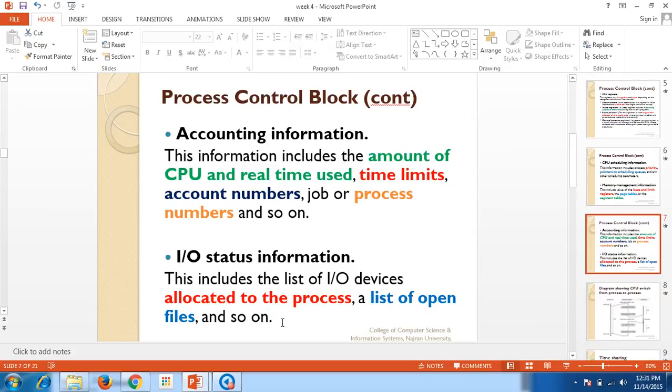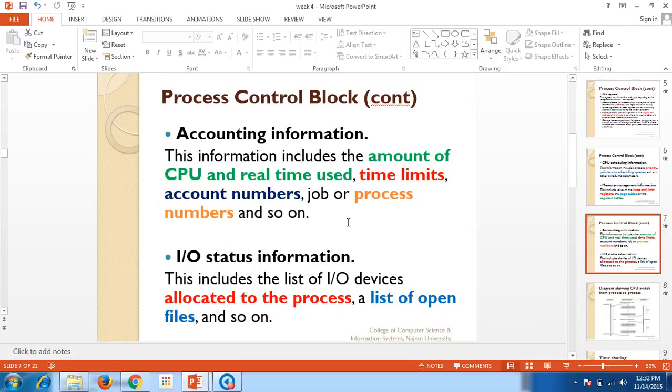Next, we have discussed accounting information and IO status information. In accounting information, everything related to accounting: the amount of CPU used, real time, how much time a process takes, time limits, job number, process number or account number, and everything that is related to accounting will be stored here.